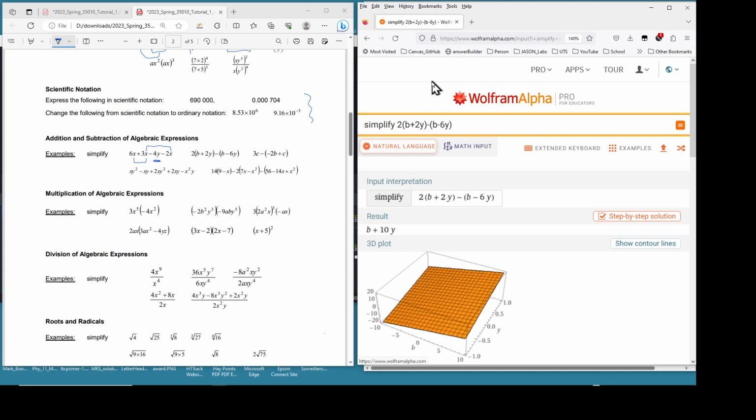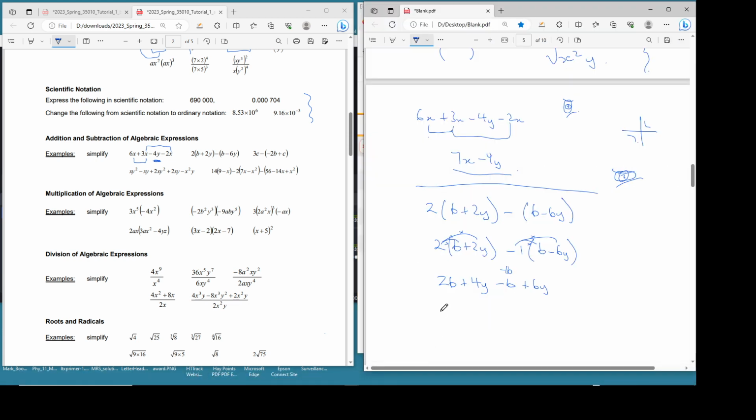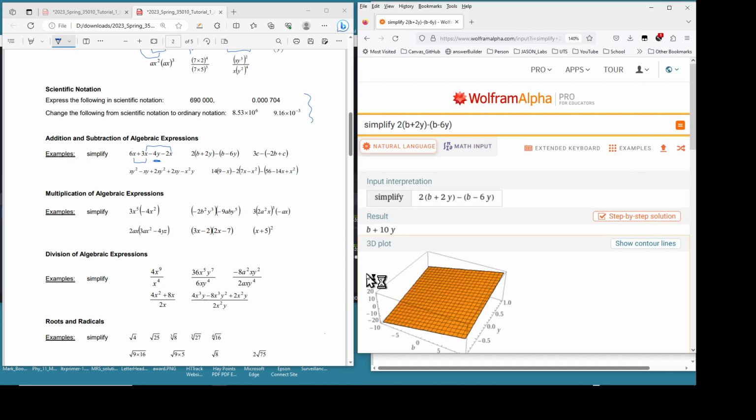Okay, so 2b minus b, 2 apples minus an apple is b, and 4 oranges plus 6 oranges is 10 oranges. So b plus 10y, and of course that gave us what we were looking for, wasn't it? So b plus 10y is the same result.